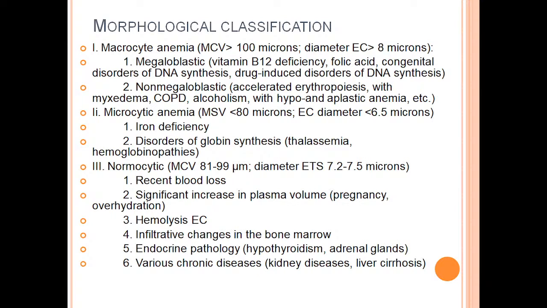Normocytic, MCV 81 to 99 microns. We see it in recent blood loss, significant increase in plasma volume, hemolysis, infiltrative changes of the bone marrow, endocrine pathology, and systemic diseases.